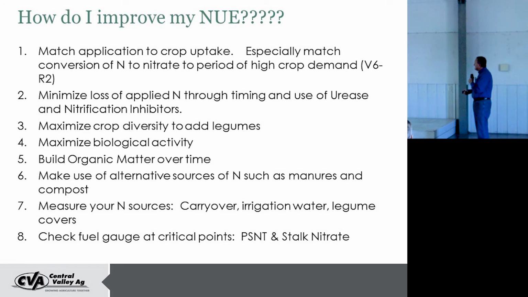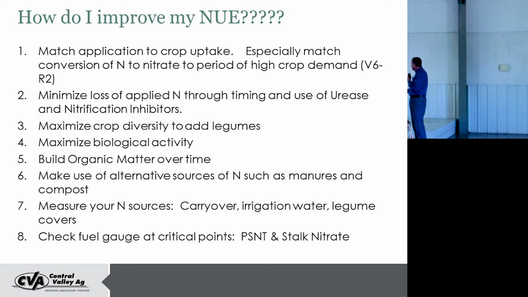Soil health, maximizing your biological activity, good soil drainage, good diverse crop rotation, cover crops. The more your soil biology will help you mineralize some of that organic matter, the less nitrogen you'll have to apply on your own.